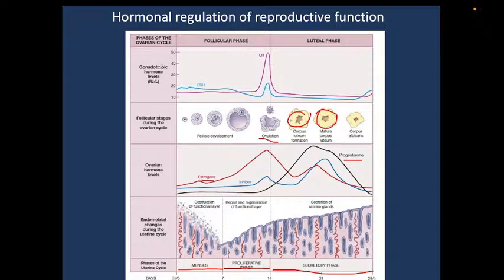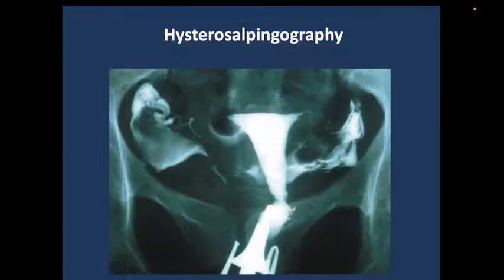And here the hormones of the hypophysis, luteinizing hormone and follicle stimulating hormone, are responsible for ovulation. So all of these processes are controlled by female hormones, and it is very important.